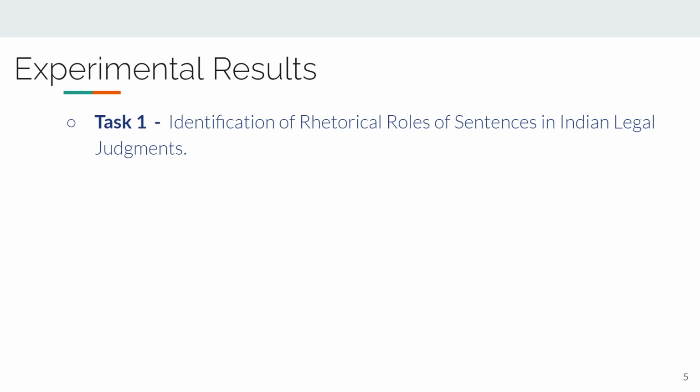Now, we have experimented and evaluated these models on three domain-specific tasks specific to Indian law. The first task is identification of rhetorical roles of sentences, and these roles are like the facts, the arguments, the ratio, the rulings from the previous court, and the judgment by the present court.